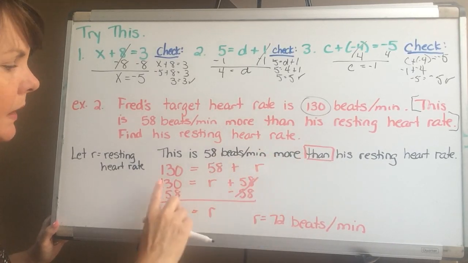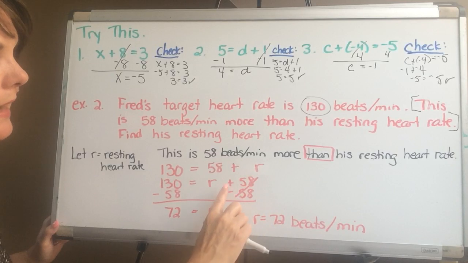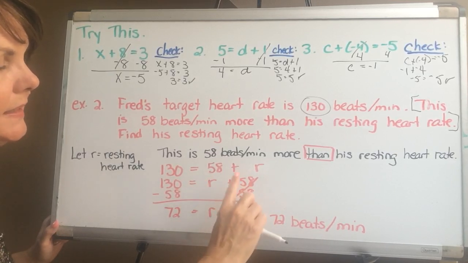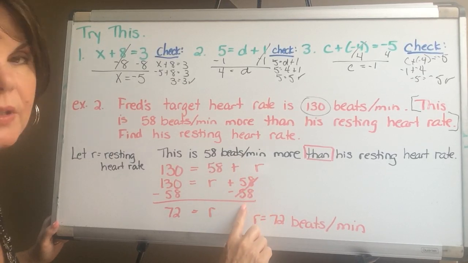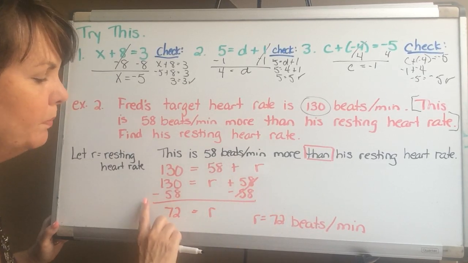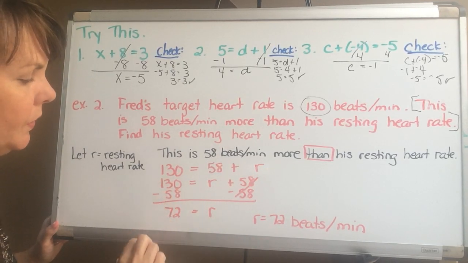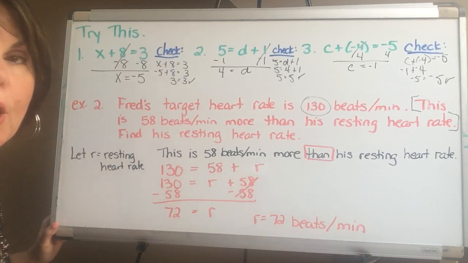So it's 130 equals R plus 58. And now, first of all, the variable's on the right-hand side. It's attached through addition to a positive 58. The inverse of that is a negative 58 to both sides. Cancels. 130 minus 58 is 72 beats per minute.